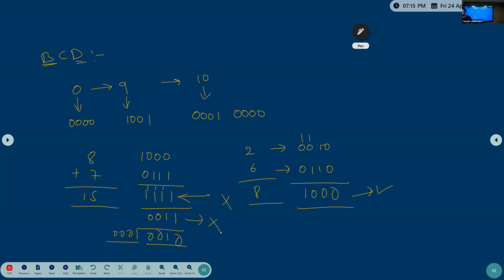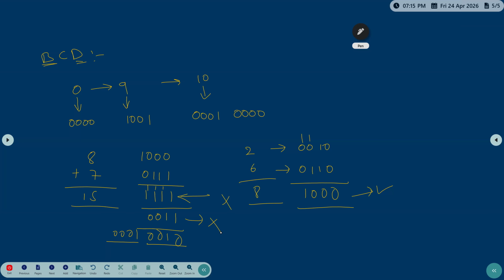How many numbers present in hexadecimal can't we represent? 6 numbers. That's the reason we need to add 6. Getting? We need to add 6.